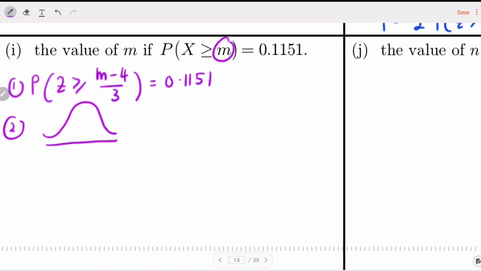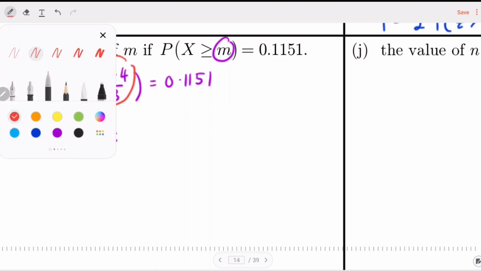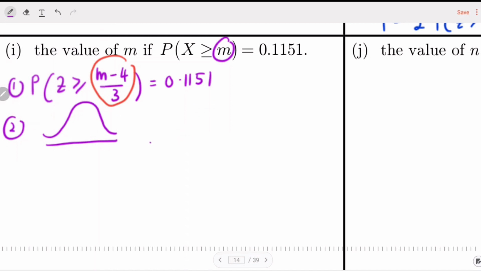But since our Z is unknown, I'm going to sketch 2 different bell shapes to decide which one is correct. I test one of the values by putting it on the left side, and the other one on the right side.